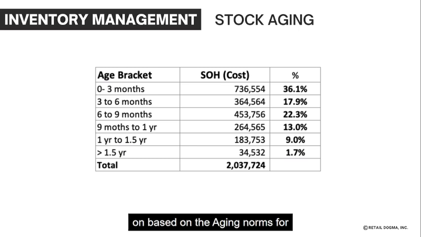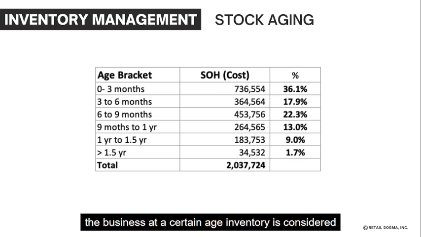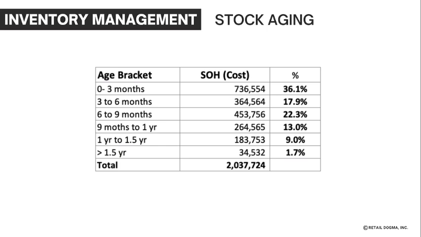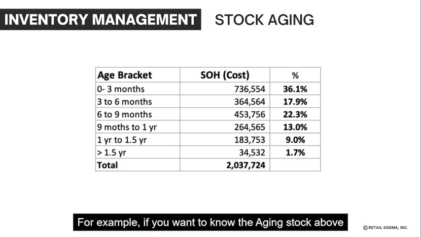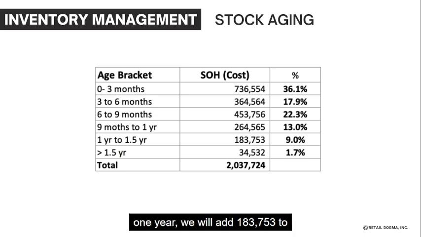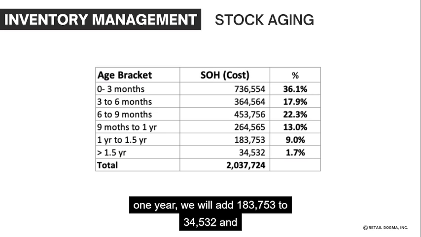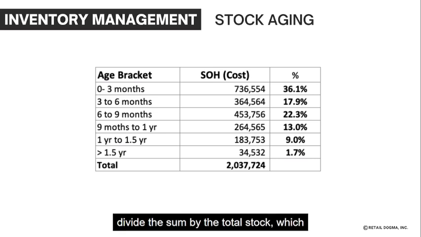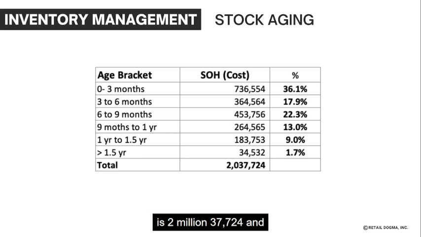Based on the aging norms for the business, at a certain age, inventory is considered to be aging. The aging inventory is the amount of inventory exceeding this age and is expressed as a percentage of total inventory on hand. For example, if you want to know the aging stock above 1 year, we will add 183,753 to 34,532 and divide the sum by the total stock, which is 2,037,724.